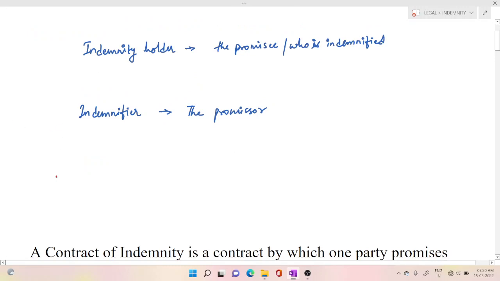Suppose Mr. X comes to the bank. Mr. X is the customer of the bank. Here is the bank. Mr. X lost his FDR, his fixed deposit receipt.